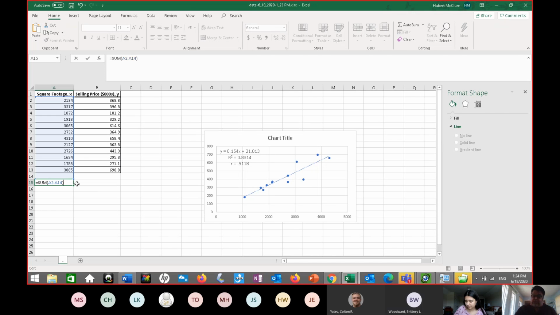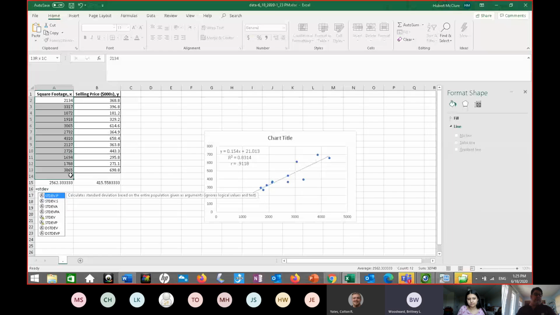Somebody count and make sure I got 12. It's 12. Okay, so there's my X bar, and this is my Y bar. And then down here, we're going to do standard deviation. So I'm going to type in equals STDEV. And then I'm just going to highlight.